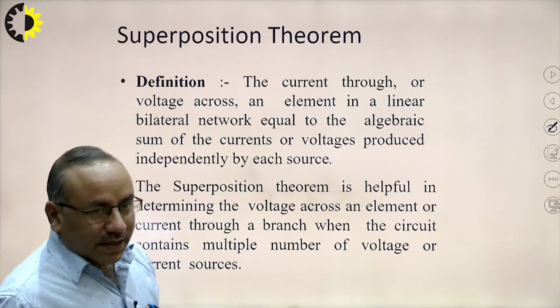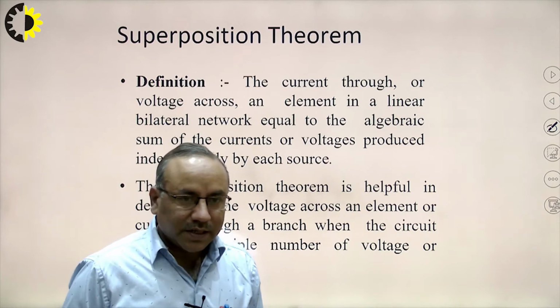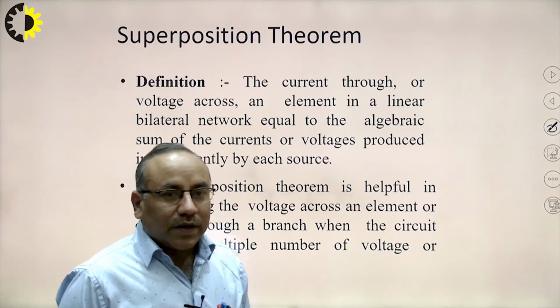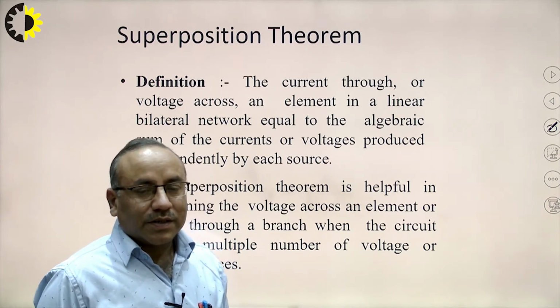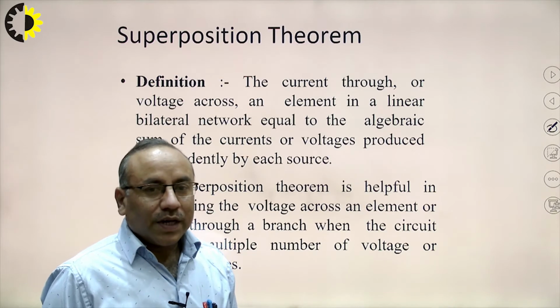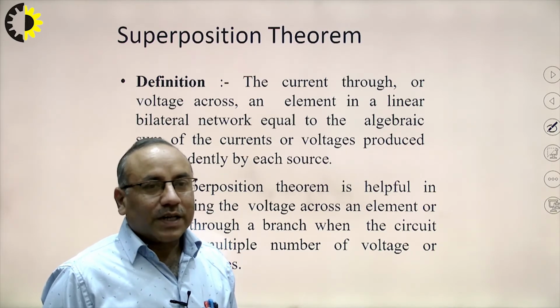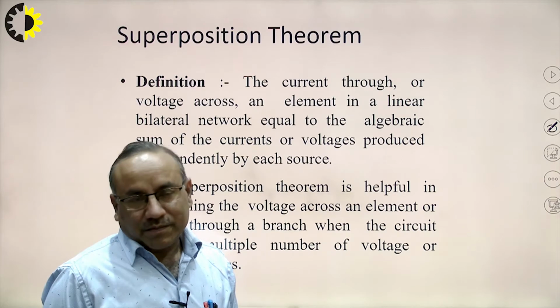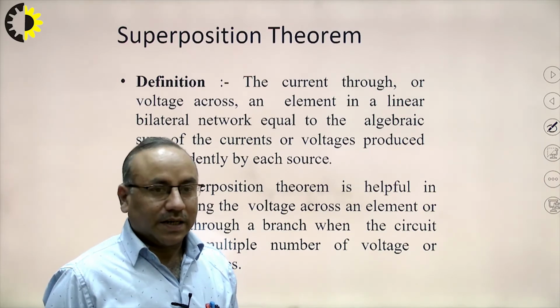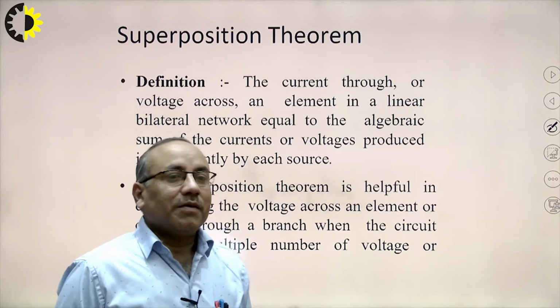When we are applying this theorem in a circuit, the minimum number of voltage or current sources must be 2, and there may be many more sources in the circuit, but the minimum number of sources must be 2.